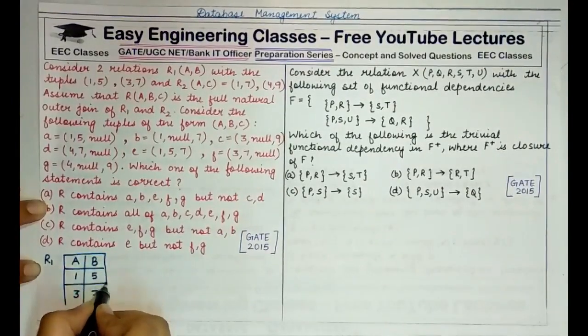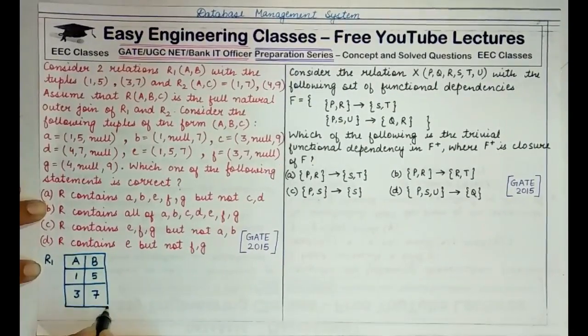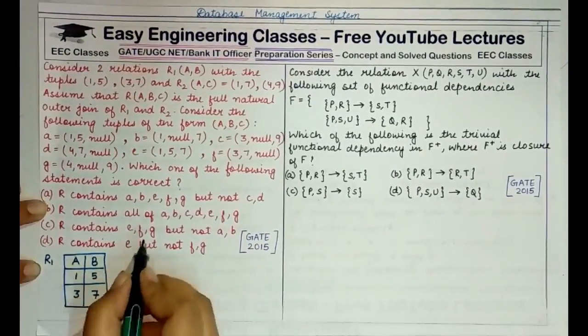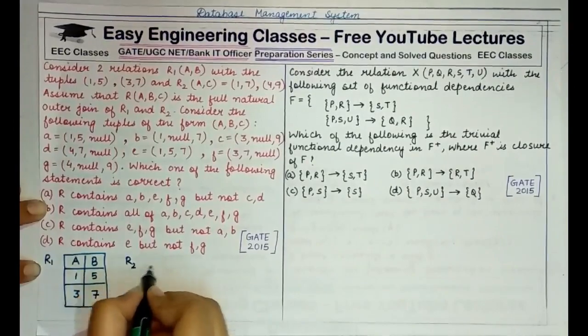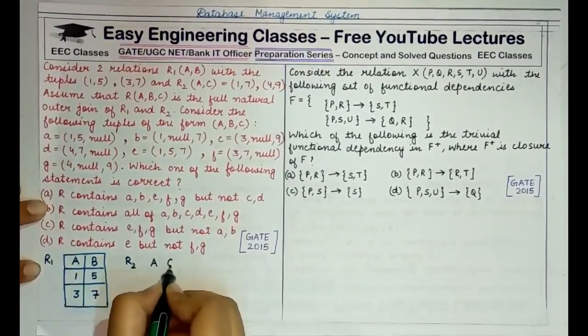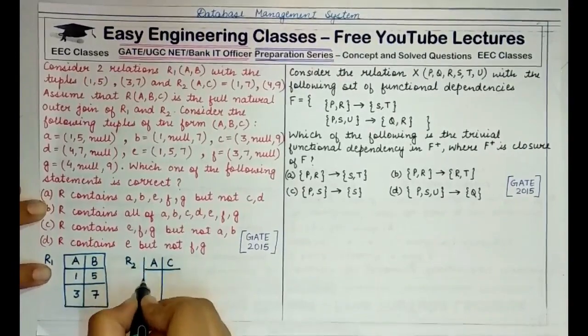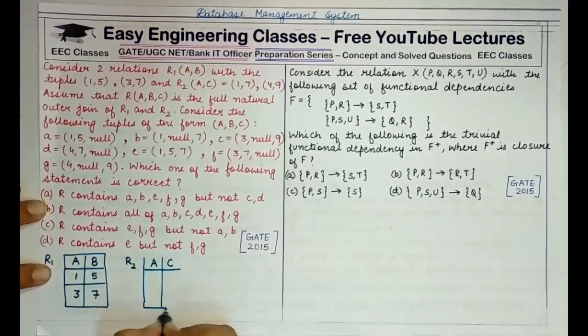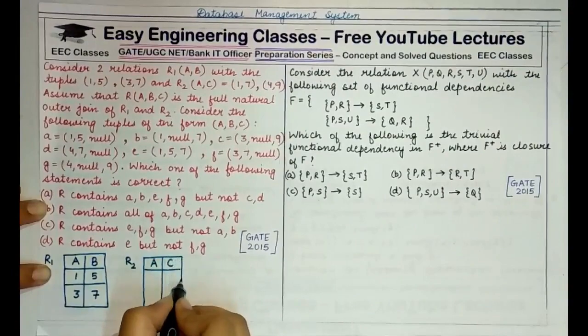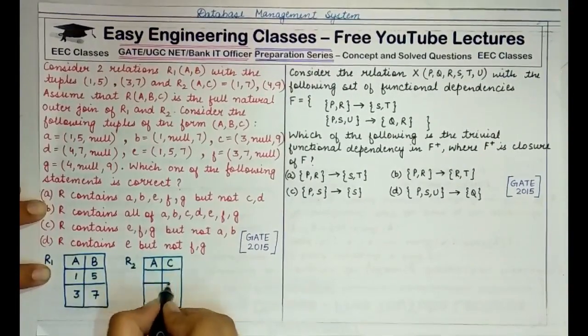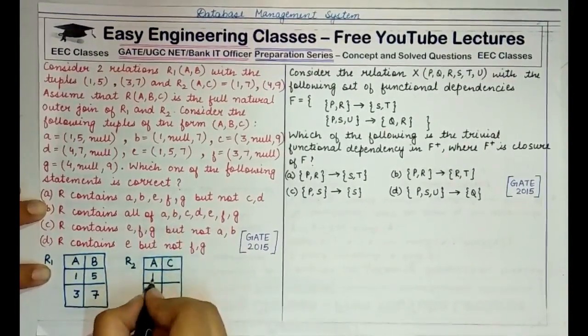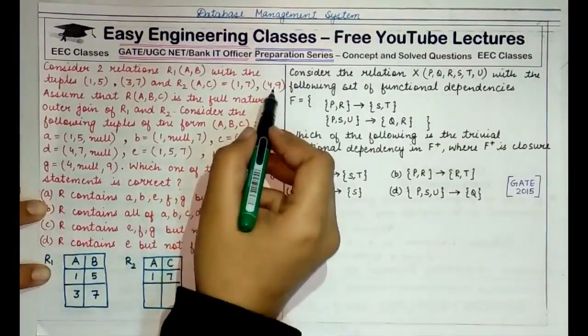Now we have another relation R2, which also has two columns, A and C. The common column in both these relations is A, and the tuples of R2 are (1, 7) and (4, 9).